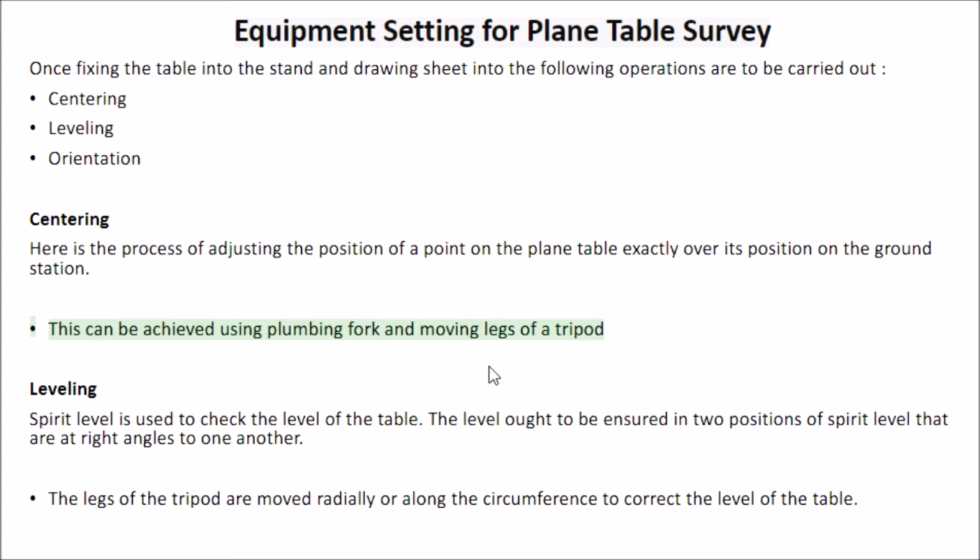This can be achieved using a plumbing fork and moving the legs of the tripod. Leveling: a spirit level is used to check the level of the table. The level ought to be ensured in two positions of the spirit level that are at right angles to one another. The legs of the tripod are moved radially or along the circumference to correct the level of the table.